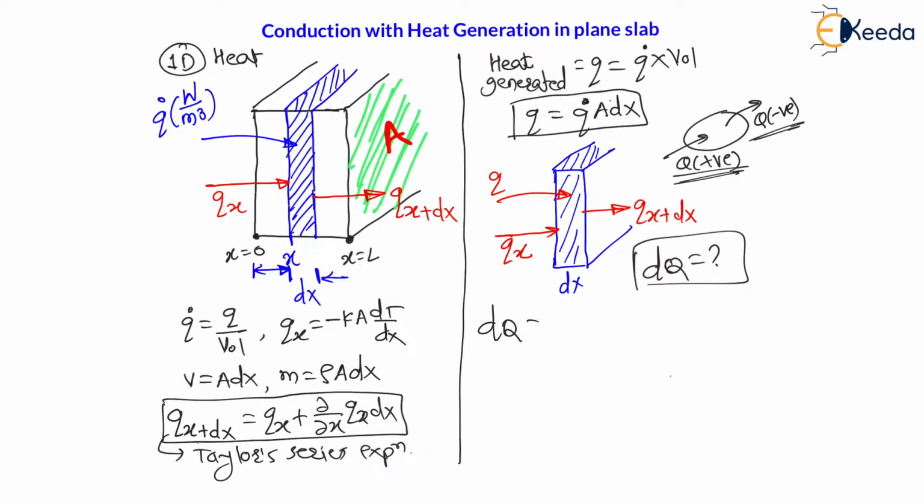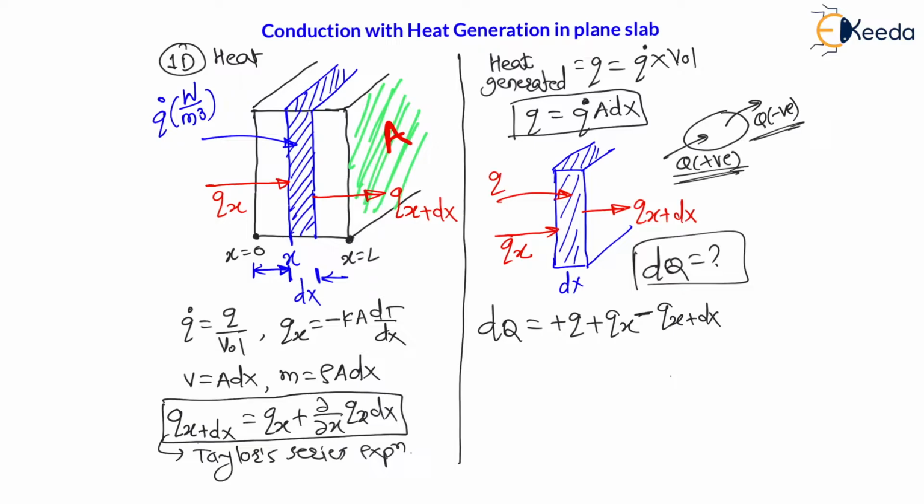Therefore, net heat interaction will be equal to heat entering the system, which will be positive. Therefore, plus Qx. And heat leaving the system will be negative. Therefore, minus Qx plus dx.